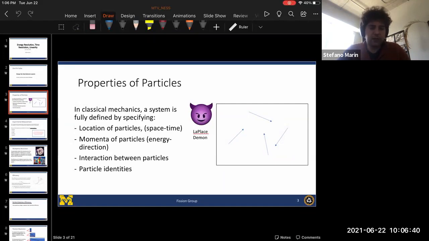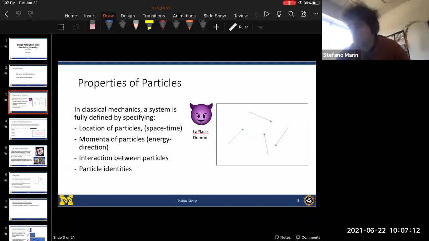For those of you who have studied some introductory physics, the momentum in classical physics is basically the mass times the velocity vector. We can summarize all of these things with the thought experiment that Laplace, a mathematician, thought about in order to figure out everything that happens in the universe. Laplace's demon is a thought experiment of somebody who has full information about the universe. All they need to know is the position of every particle.